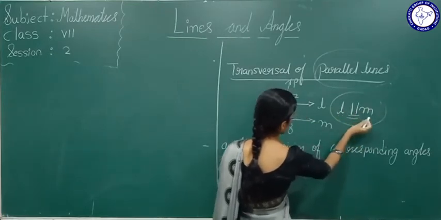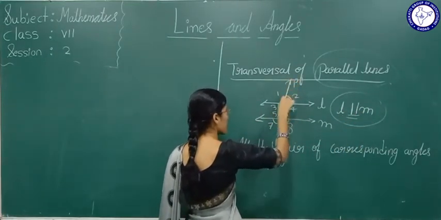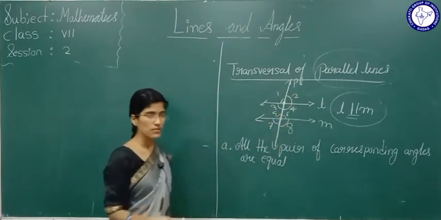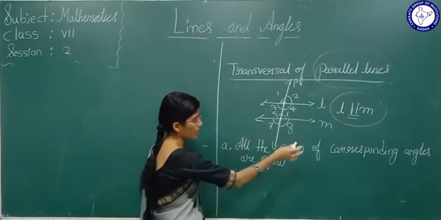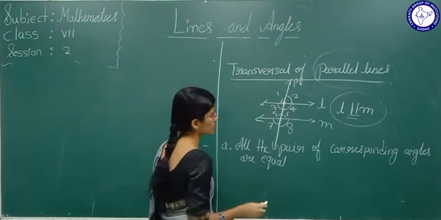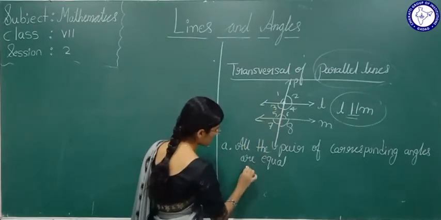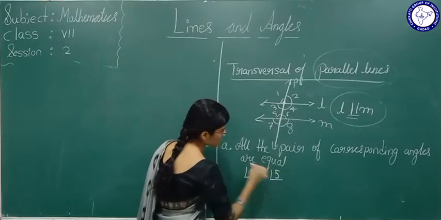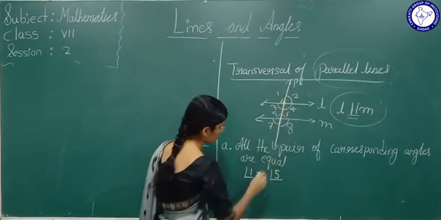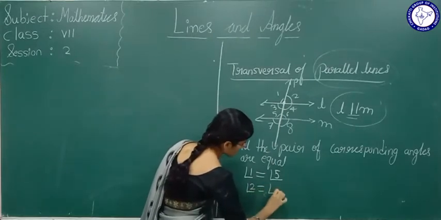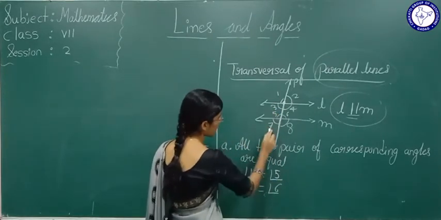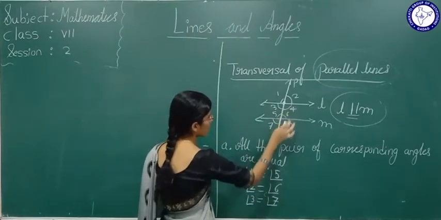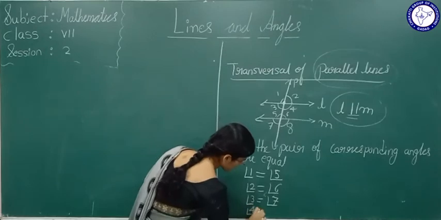If two lines are parallel and a line intersects the two lines at different points, then we can say that all the pairs of corresponding angles are equal. Which are the corresponding angles here? Angle 1 is equal to angle 5. Angle 2 is equal to angle 6. Angle 3 is equal to angle 7. Angle 4 is equal to angle 8.